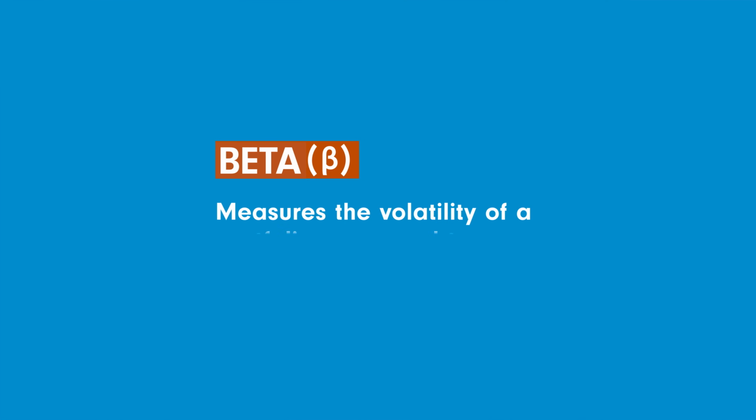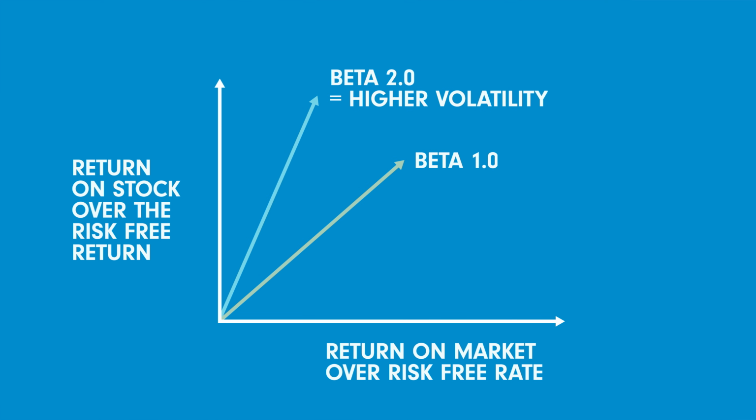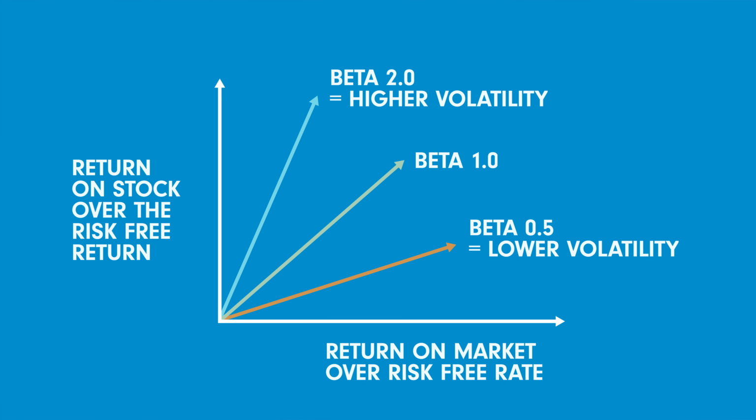Of course. A commonly used measure is beta, which measures the volatility of a portfolio compared to a benchmark. A beta greater than 1 indicates higher volatility than the benchmark, while a beta of less than 1 indicates lower volatility. Okay, makes sense. But what if I wanted to have a way to see whether I'm getting enough reward for the risks I'm dealing with?